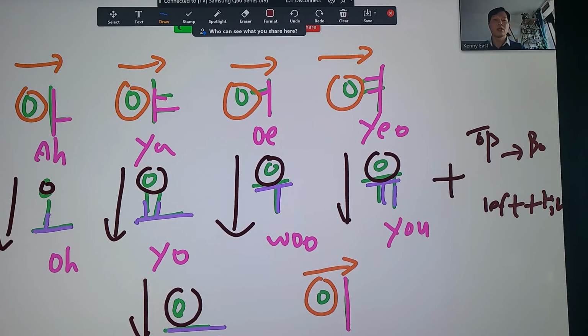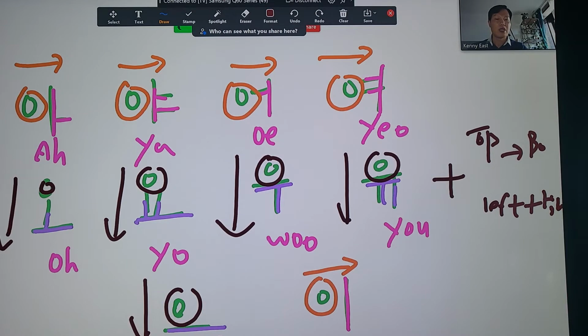So we're going to learn how to combine consonant, vowel, consonant, even two consonants inside one syllable sound. We're going to learn that later. So today we're going to focus on how to read and write these vowel sounds.